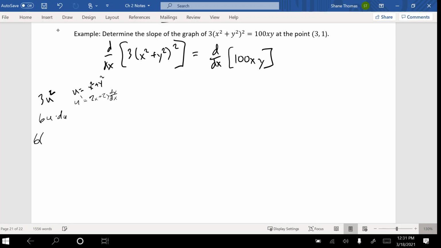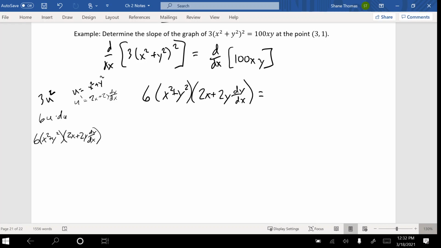So we have 6(x squared plus y squared) times the derivative, which is 2x plus 2y dy/dx. So that's what my left side of my equation is: 6(x squared plus y squared), and then (2x plus 2y dy/dx).